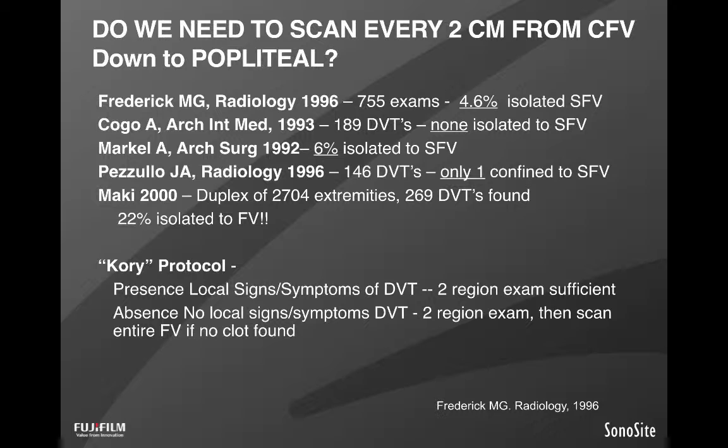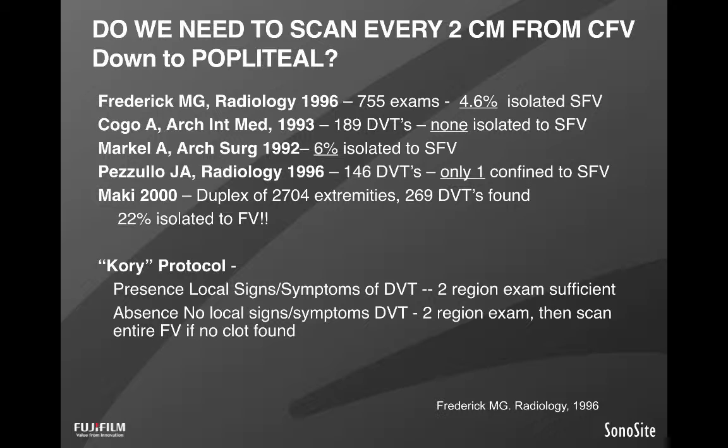But I think for clinical purposes in the ICU, if you're really wondering about whether one propagated or whether one is causing symptoms, so if you're doing it in a symptomatic patient, I think the 2-site is sufficient. But if you're wondering if someone has DVT and they're otherwise not showing any symptoms, probably a more thorough exam would be indicated. But I would start with the 2-region exam.